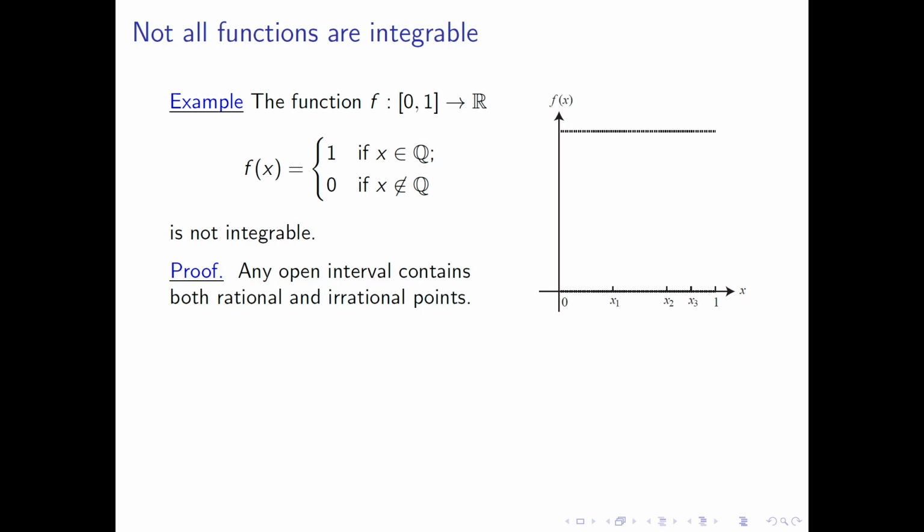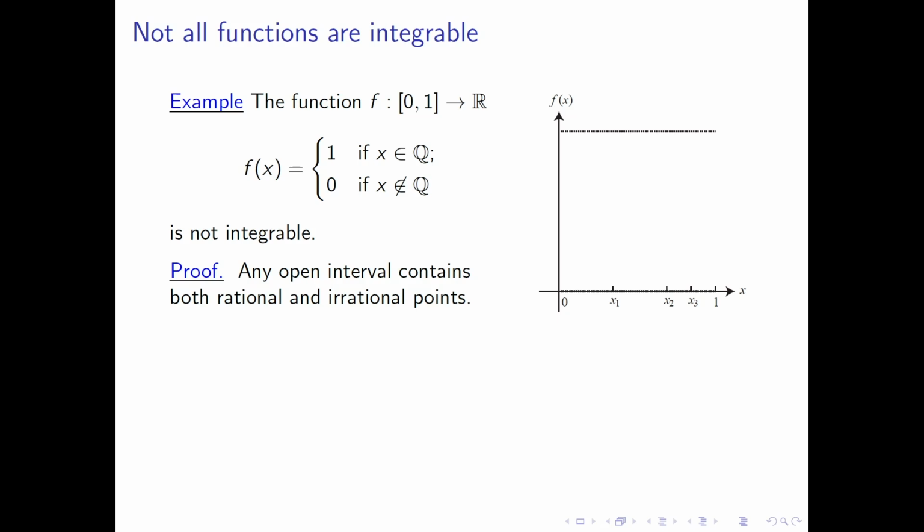When we're considering a majorant and minorant adapted to that partition, what is the largest possible value of phi minus on an interval, or the smallest possible value of phi plus? Well, any open interval contains both rational and irrational numbers.